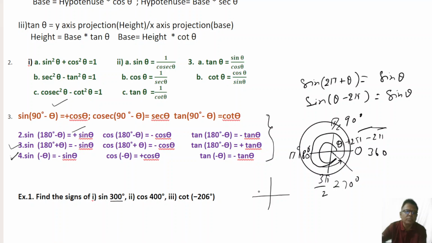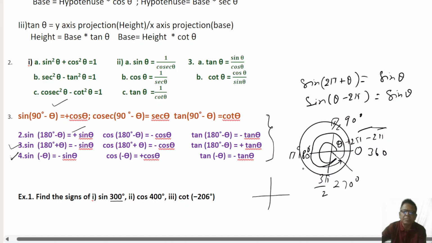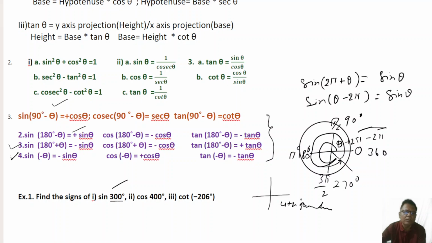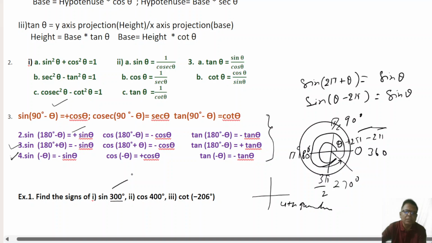So here it is 270, and it is given 360, so it is between 270 and 360. So it will lie in the fourth quadrant, and in the fourth quadrant sine is negative.